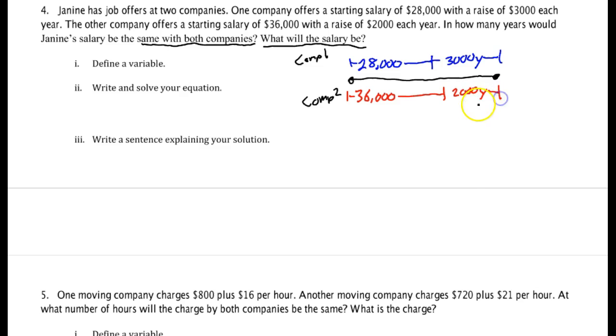So clearly, if just starting off, company 2 is better because it just has more money. But at some point, company 1, since they get bigger raises, is going to start making more money. They're trying to figure out, well, how many years will it take to start making more money at company 1? Right? So if you're going to only work for 5 years, what company should you work at?